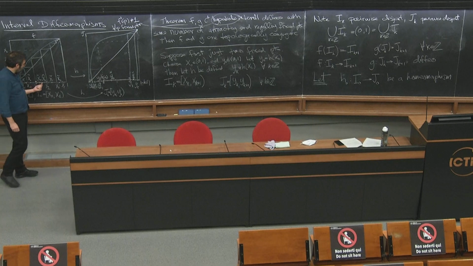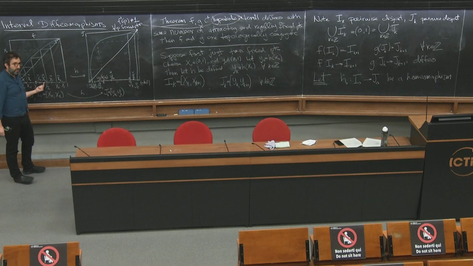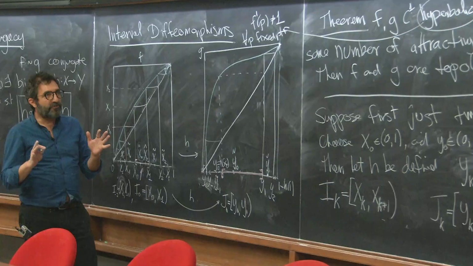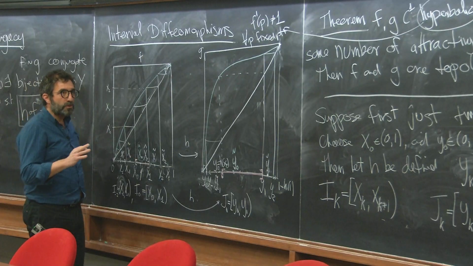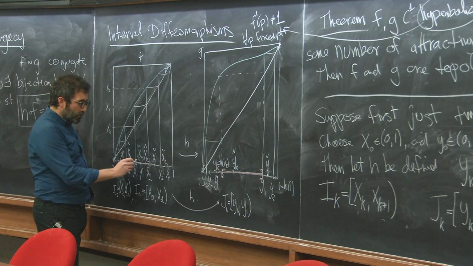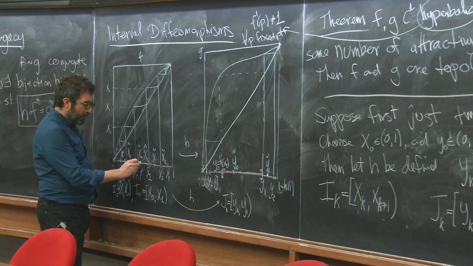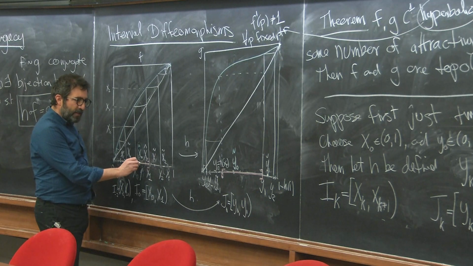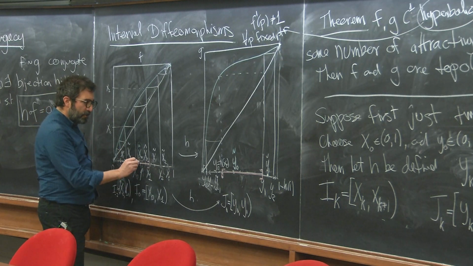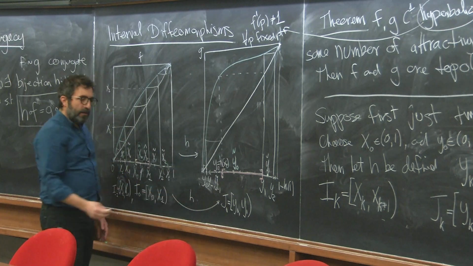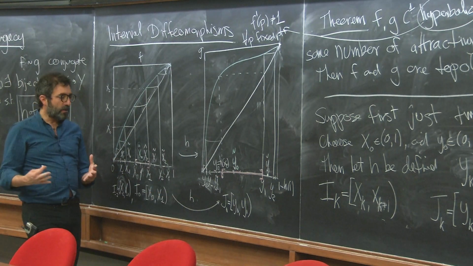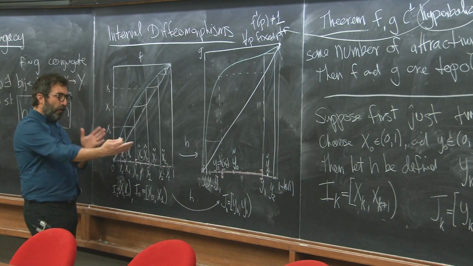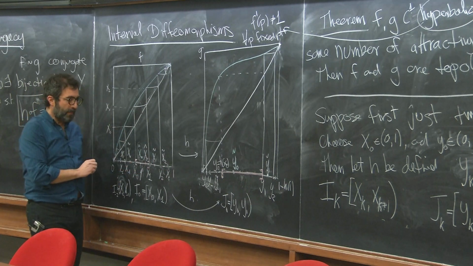Because following the philosophy, I will write down the precise formulation in a second, but following the philosophy that we've just used, there's not much we can do, right? Because if you take, for every point here, what we said before is that if you decide the image of this point, then you have decided H at the full forward and backward orbit of that point, right?